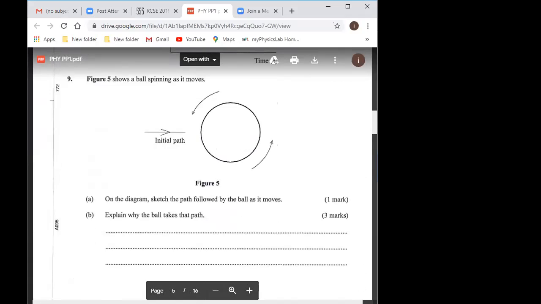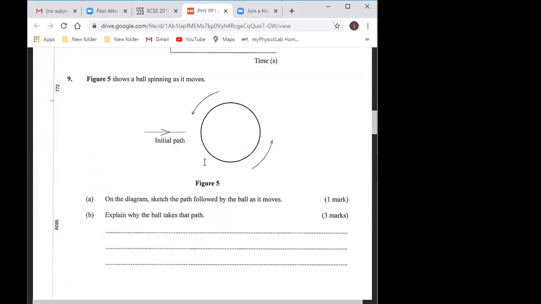Figure 5 shows a ball spinning as it moves. On the diagram, sketch the path followed by the ball as it rises. We can see that the ball is moving towards this direction, but this is the direction of spinning in anti-clockwise direction.